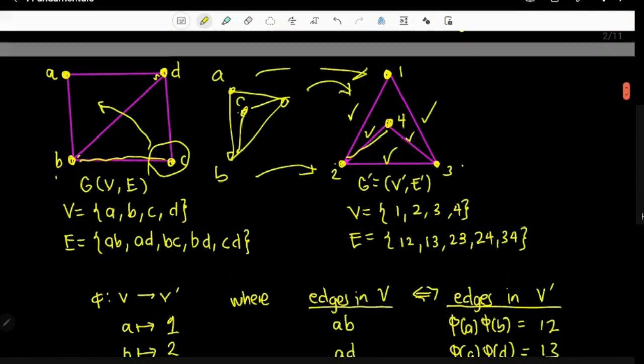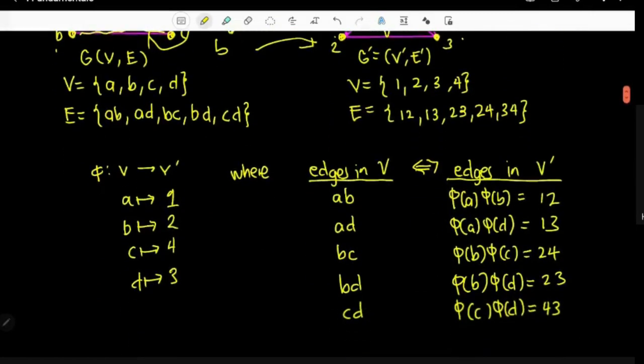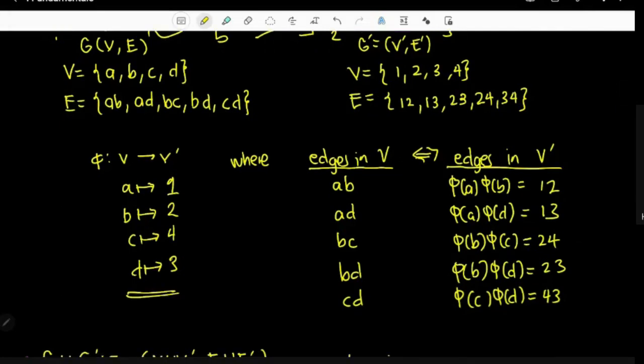So tama. Lahat ng edge sa V prime ay corresponding edges from G. Okay? So indeed, in our example, G is isomorphic to G prime. Because it satisfied the condition that we were able to find a one-to-one correspondence between the vertices such that the corresponding edge in G is an edge in G prime.